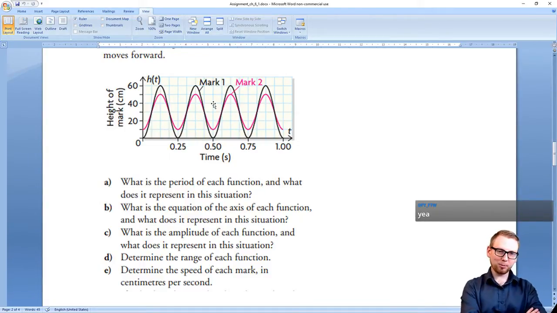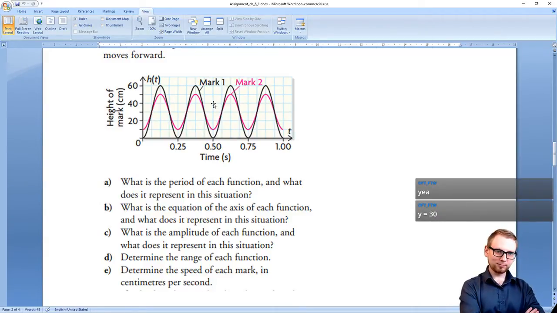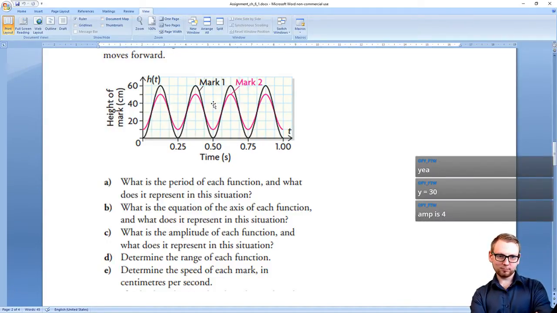Okay, what's the amplitude? What's the amplitude of the black one first? 4. Does it only go up and down 4 from 30?